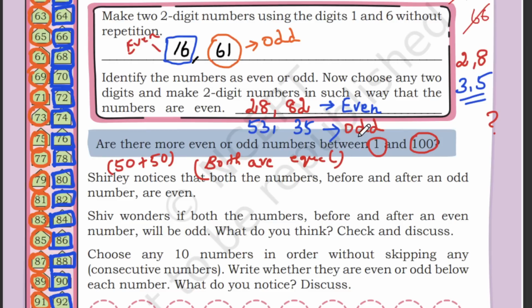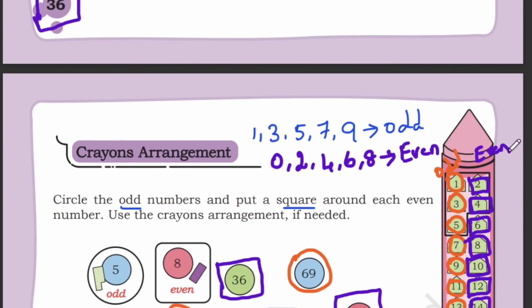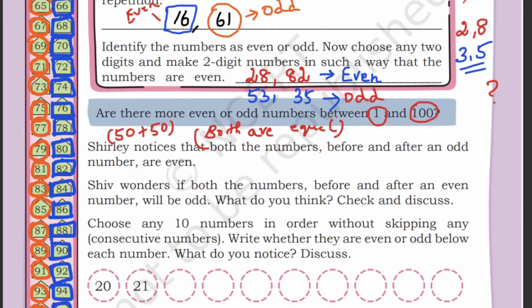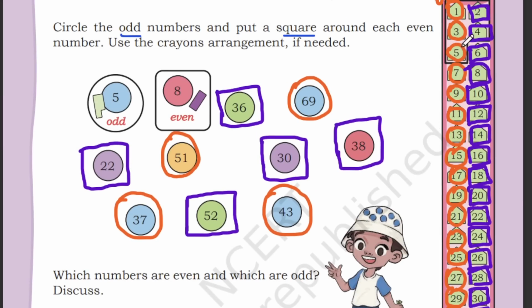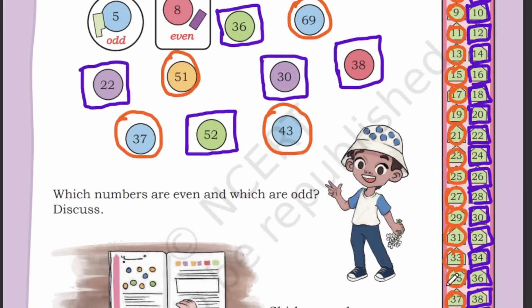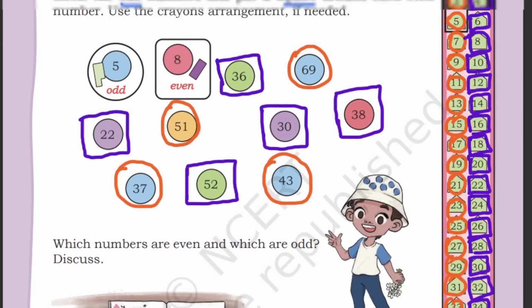Here in this big chart you can cross verify. If you count all the left hand side numbers, it ends with 49.